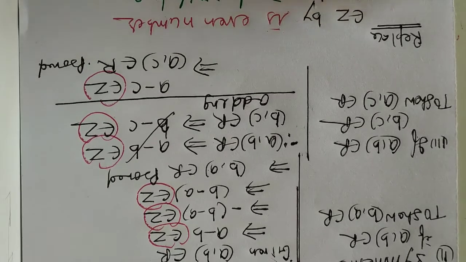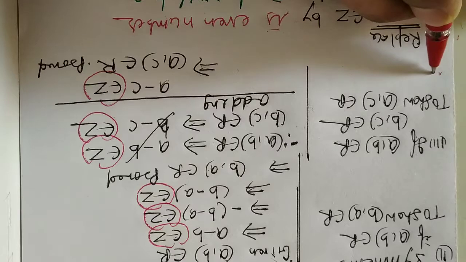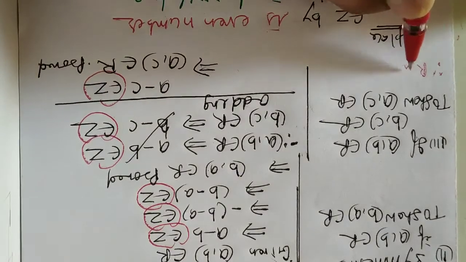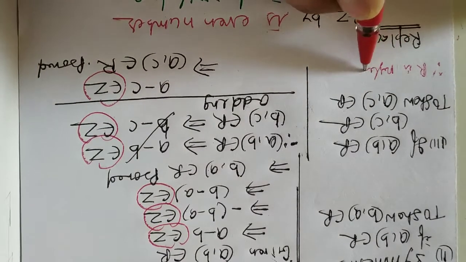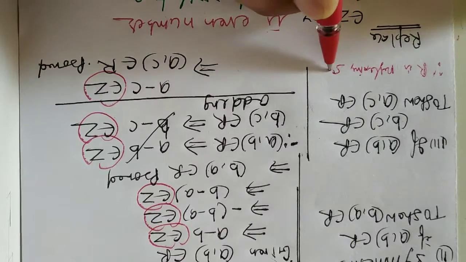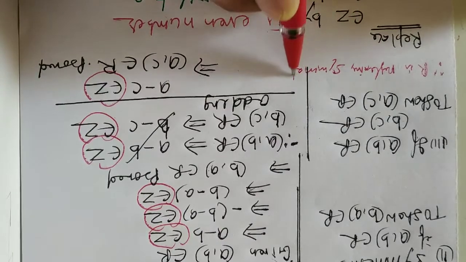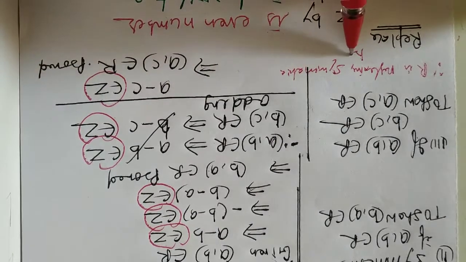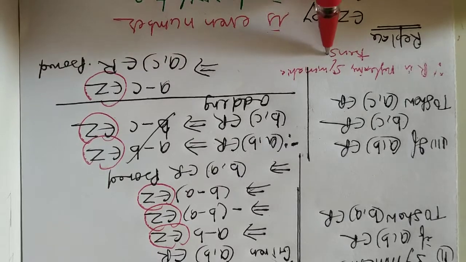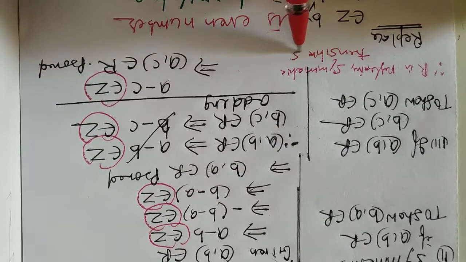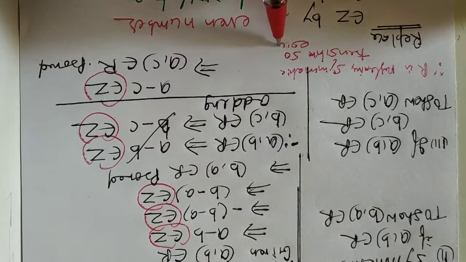Now see that here we have to mention that since R is reflexive, symmetric, transitive, so equivalence relation proved.